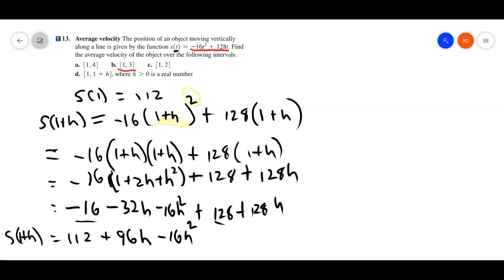So now I have to do S of 1 plus h minus S of 1 to get the numerator of my slope. Well, S of 1 is right here. It's 112. S of 1 plus h is down here. I do 112 plus 96h minus 16h squared minus 112.